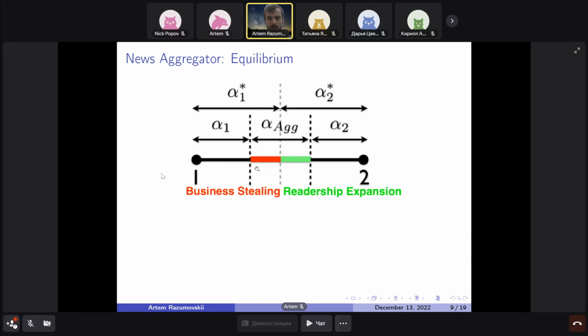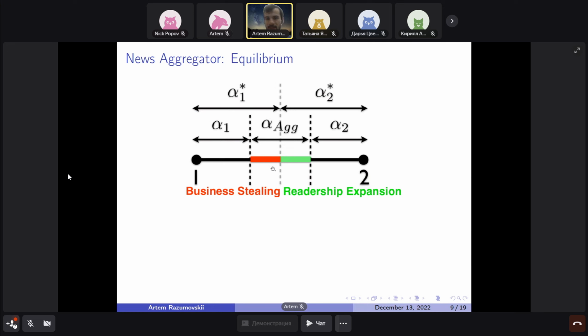So we have this effect of business stealing, right? Because these agents go to the aggregator instead of going to our agency, and the aggregator now enjoys the time these consumers spend on it.